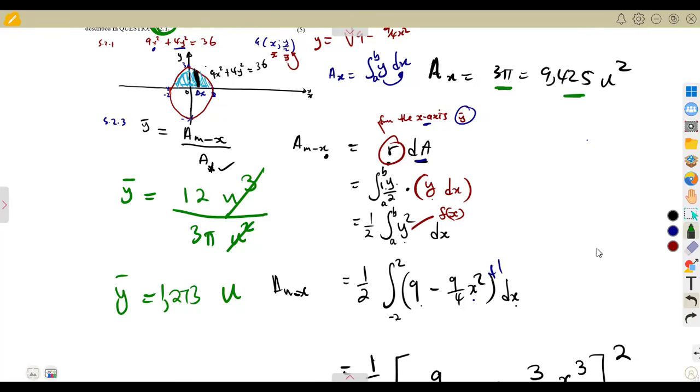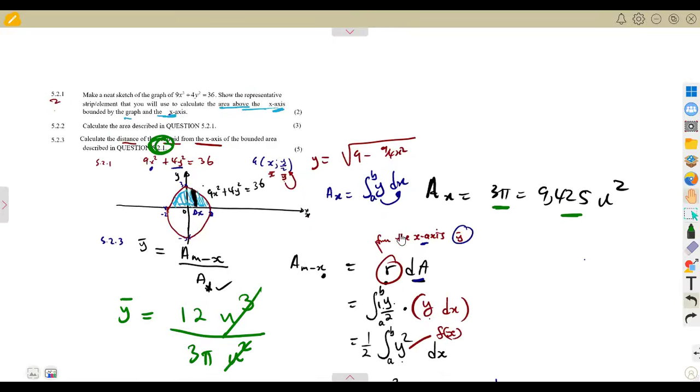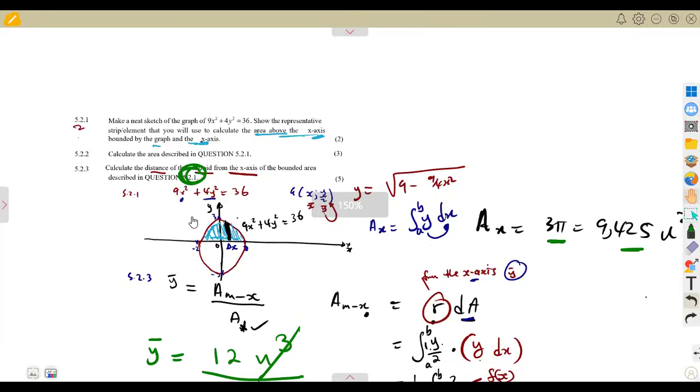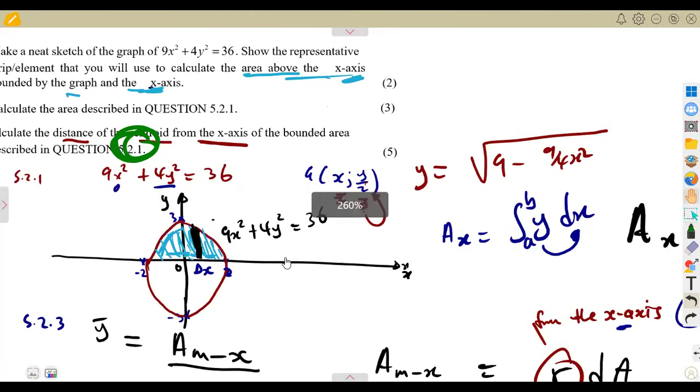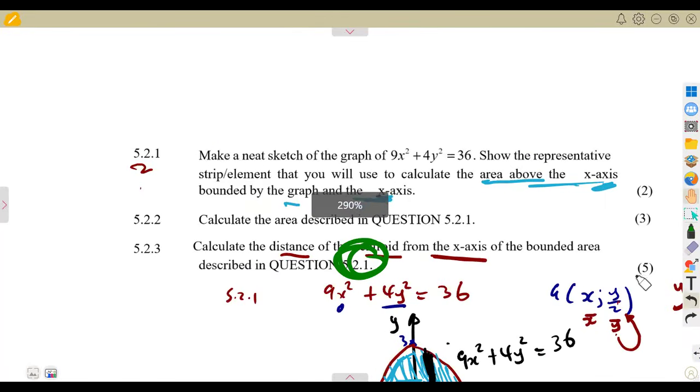You just have to relate your information, whether it's between the given functions and the x-axis, the functions and the y-axis. In each and every part, you're going to see that the centroid differs. This is the most important part. How do you take it?